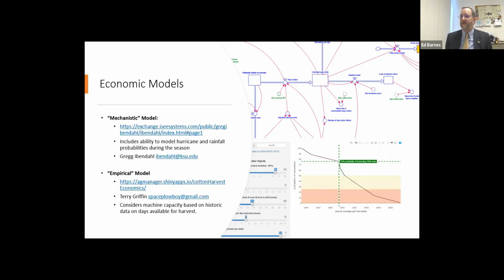Dr. Terry Griffin has worked with, I'll call it an empirical model, to look at days available for harvest and how multiple harvesters could be compared to a single once-over harvest.